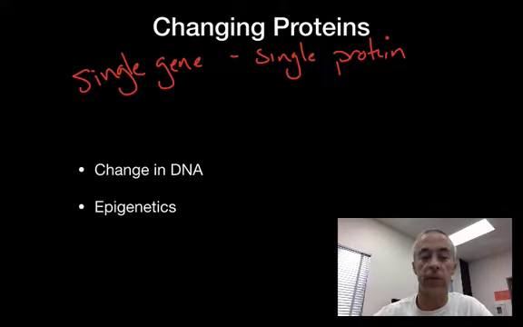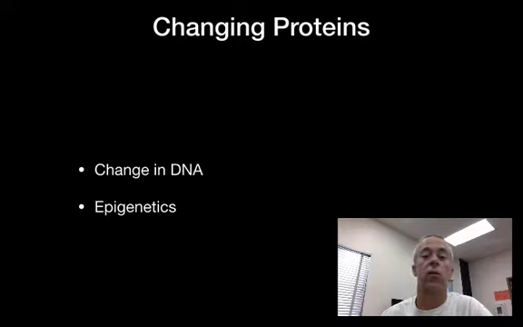The field of epigenetics is now telling us that one gene can actually make multiple different proteins depending on the chemical environment of the cell that it's made in and some other more detailed factors. But the take home here is that DNA can be changed in order to make different types of proteins.